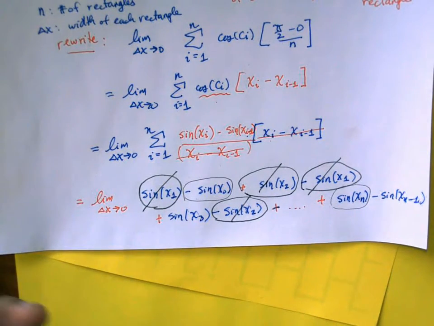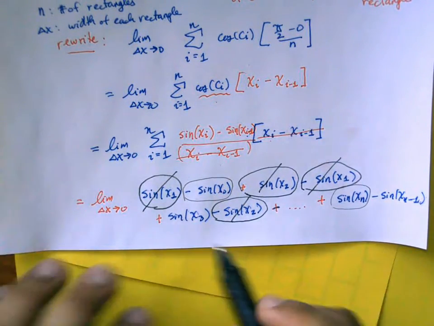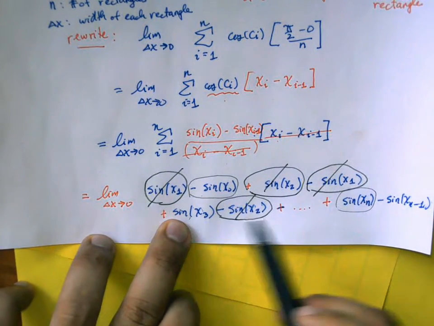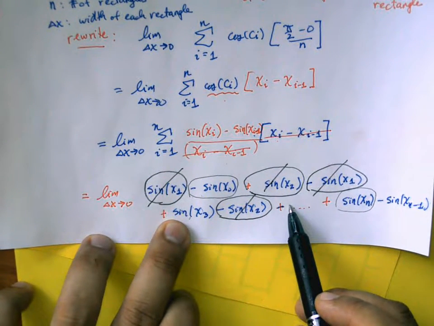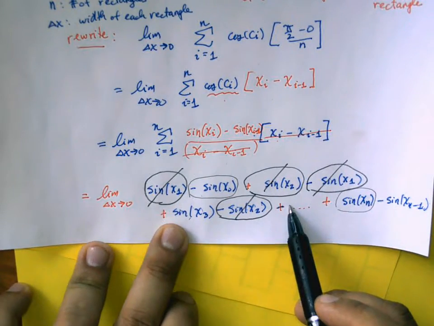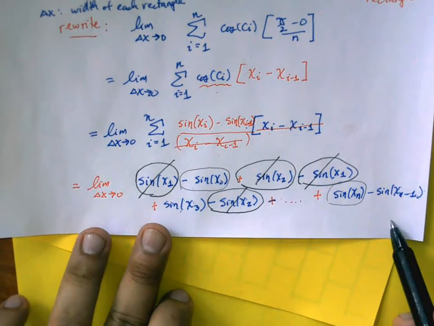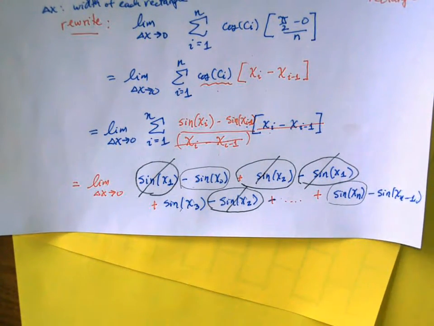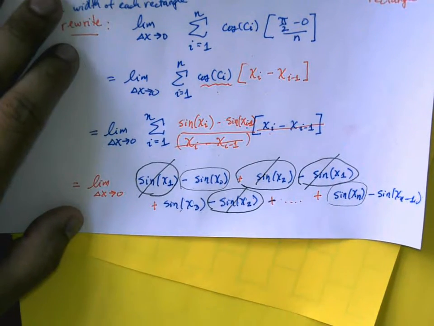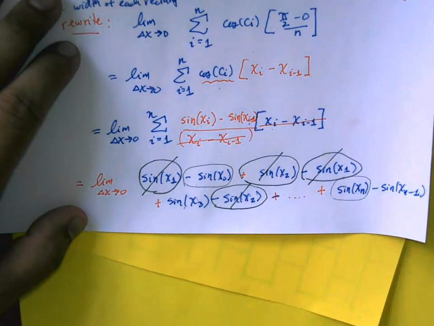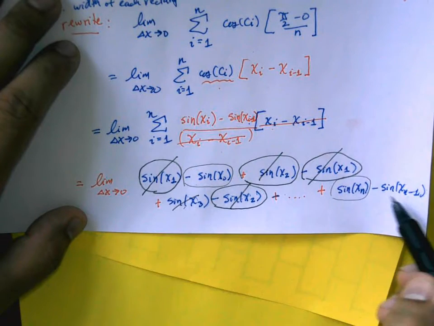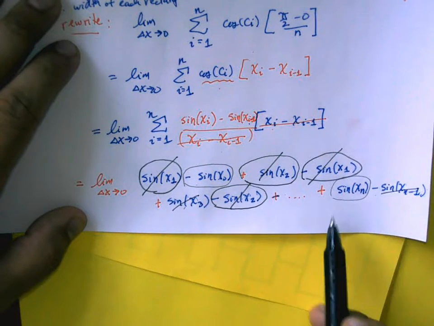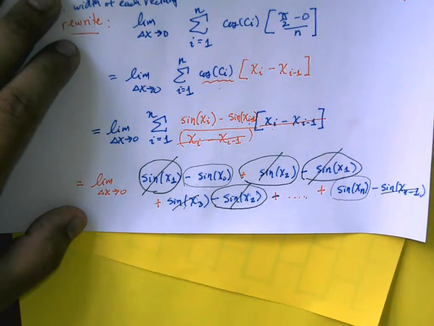So when you expand this out, everything is going to cancel. This sine of x3 right here, there's going to be a sine of x4 minus sine of x3. So every single thing is going to cancel. I should say that this term right here will also get canceled by the term that comes before that.